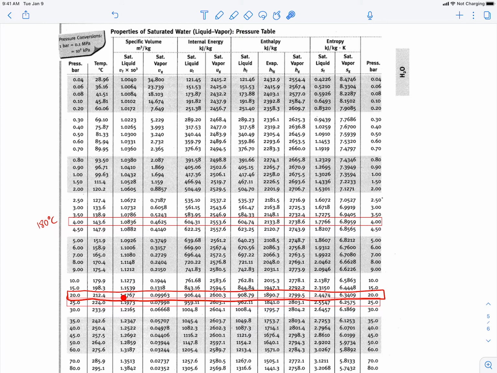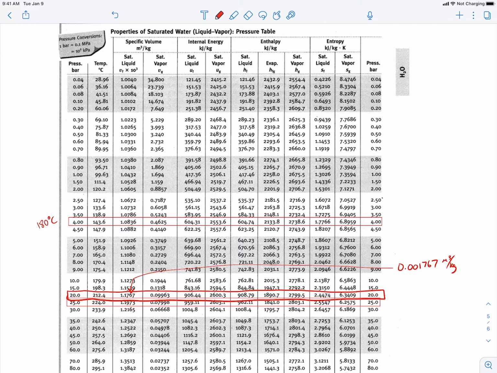So if you look at this one, remember that these specific volumes are multiplied by 10 to the third. So this one really is 0.001767 cubic meters per kilogram. So that's what this value is right there.